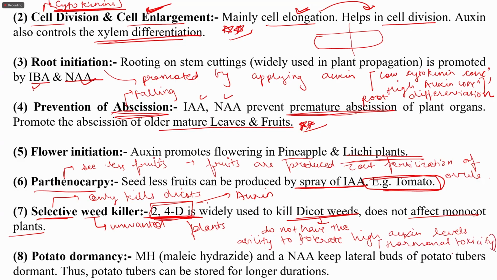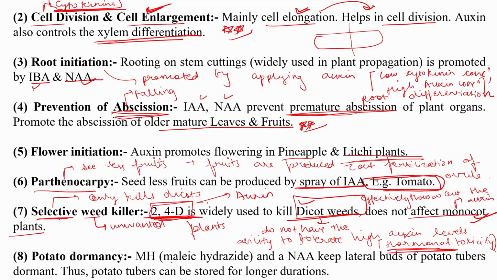So hormonal toxicity is caused in the dicots, while monocots can effectively throw the auxin out of them, and therefore there is no hormonal toxicity in monocots. Therefore, they are the selective weed killers. Auxin can be used as selective weed killer. Example 2,4-D, which is used as a herbicide or weedicide, is an auxin that is widely used to kill the dicot weeds. This we need to remember, that it kills dicot weeds, not the monocot ones.